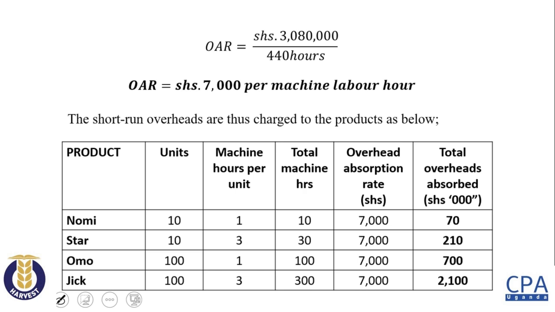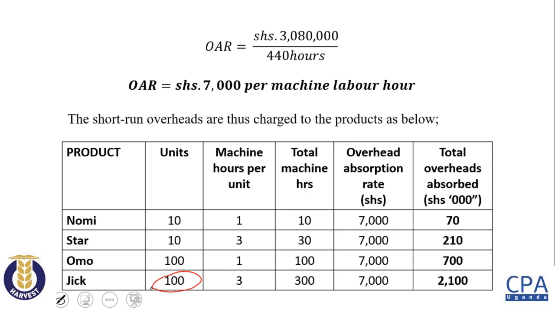So meaning that the 100 units of Jik are going to absorb 2,100,000 shillings of the short run overhead, okay?